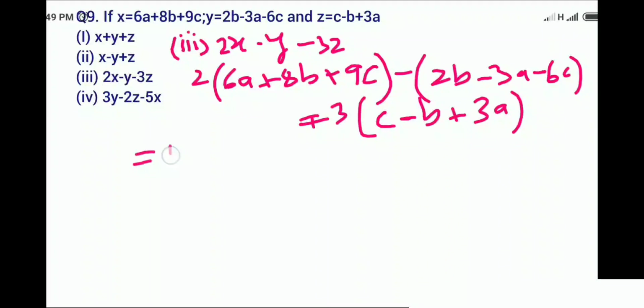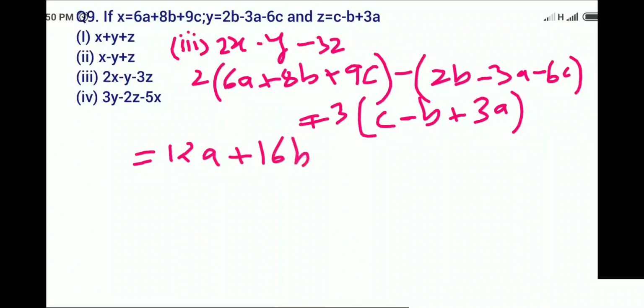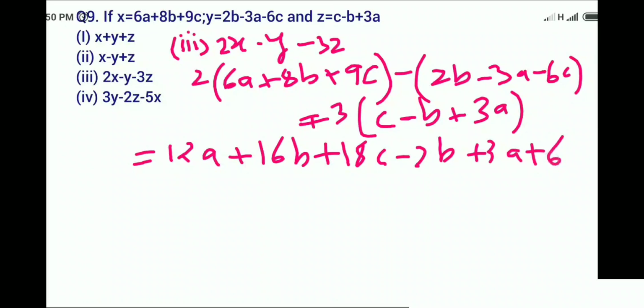Six into 2, 12a, 8 into 2, 16b, 9 into 2, 18c, minus 2b plus 3a plus 6c. This is also minus, therefore minus 3c plus 3b minus 3 3 is a 9a.